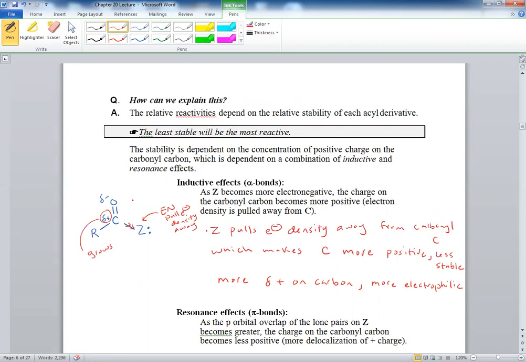So the more positive you have here, the more it will be enticing for an electron-rich nucleophile to attack. That's what draws the nucleophiles: there's a larger positive, more electrophilic carbon to attack.